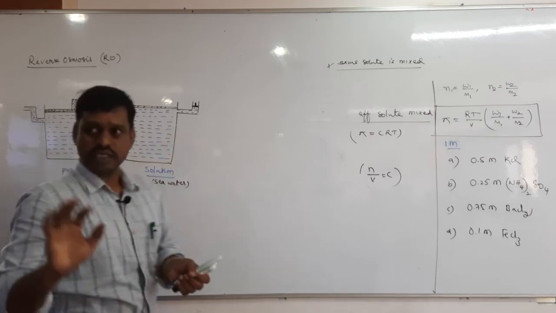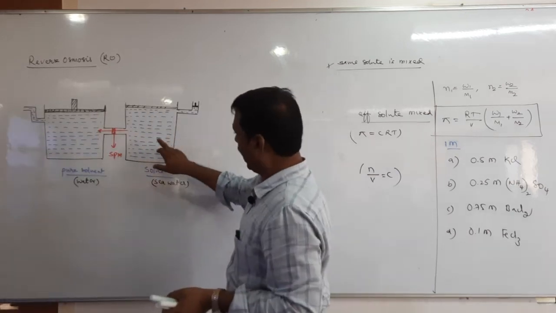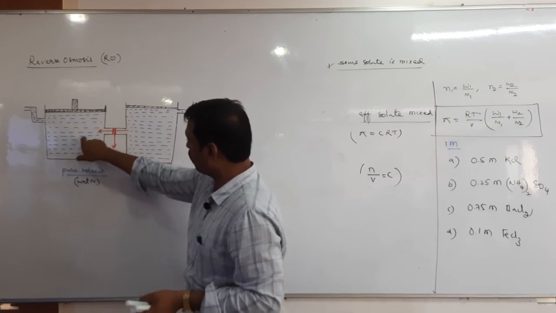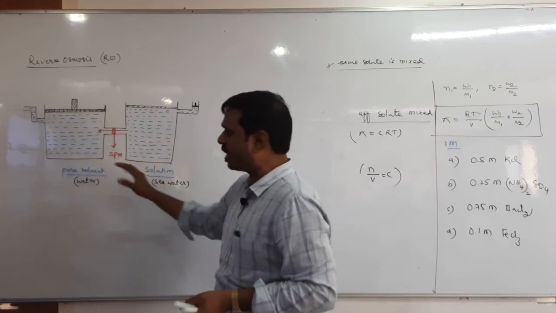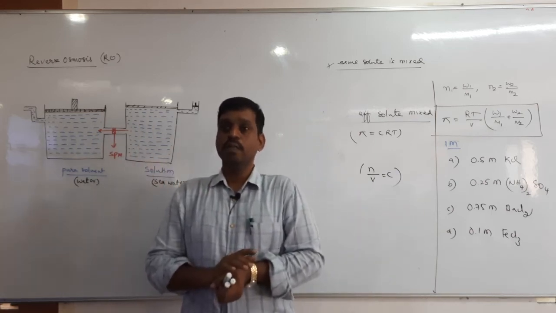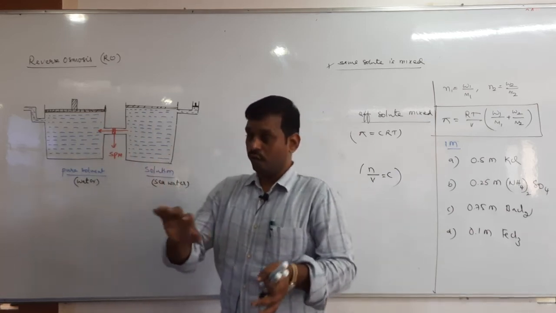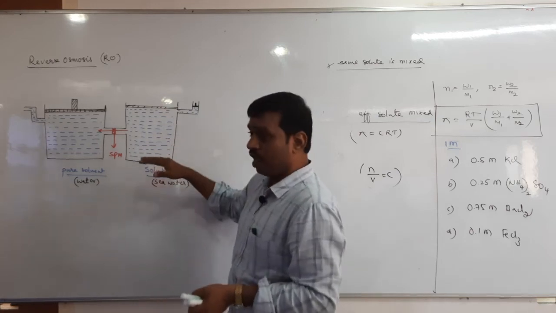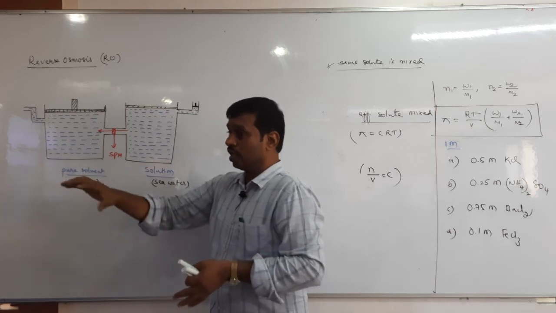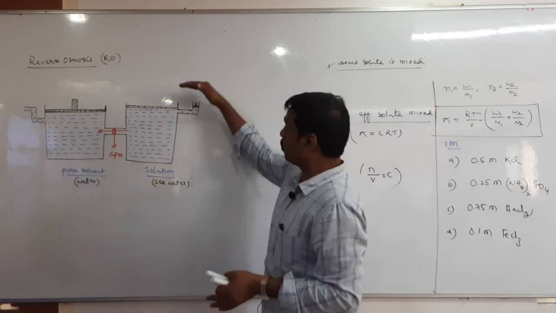See, it's very simple. Actually, the solvent is supposed to flow from where to where? From pure solvent to solution. It has to come from the solvent side to the solution side. This is a spontaneous process. But what are we doing? We are stopping it, and we are making it reverse. In order to stop, what do we do? We have to use pressure.